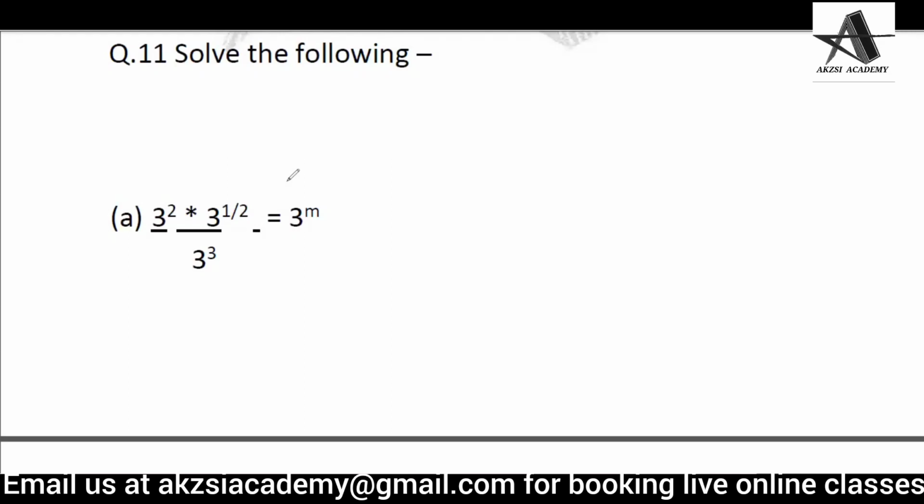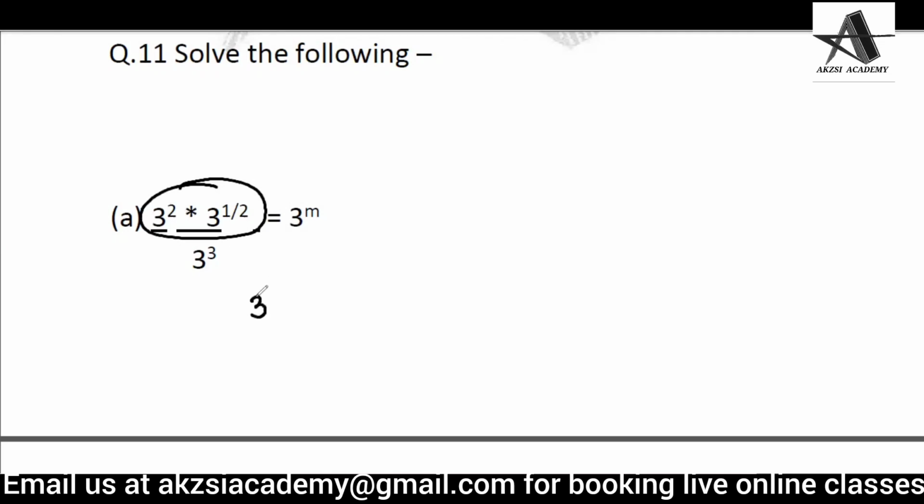3 to the power of 2 multiplied by 3 to the power of half, over 3 to the power of 3, equals 3 to the power of m. If we are calculating the value of any power, we always have to convert the left side and right side to the same base. Unfortunately, all the base numbers are 3 already. Applying the first rule, where we are multiplying, we add the powers.